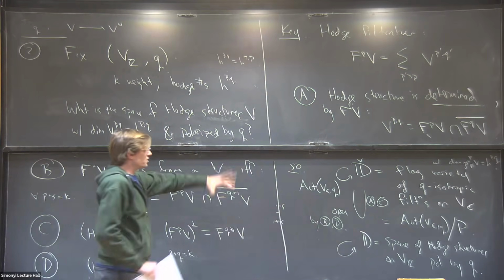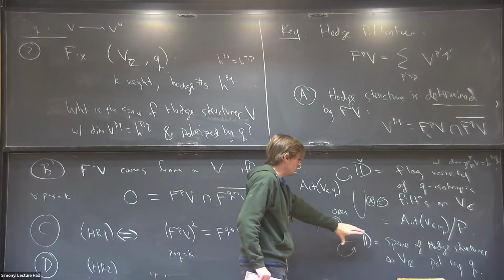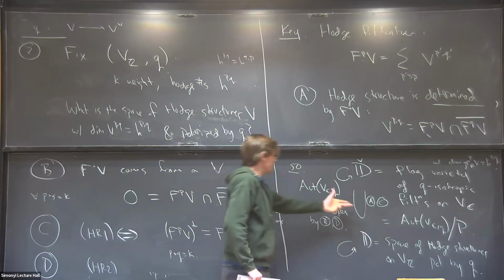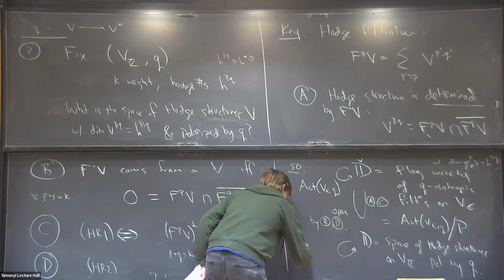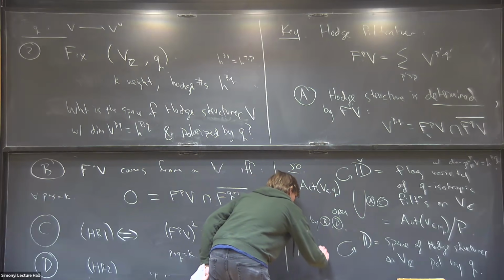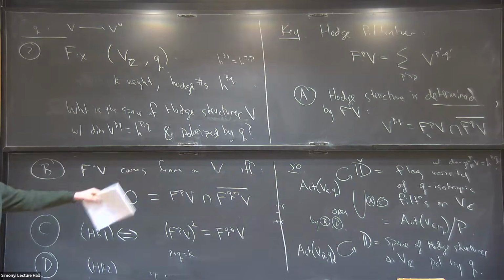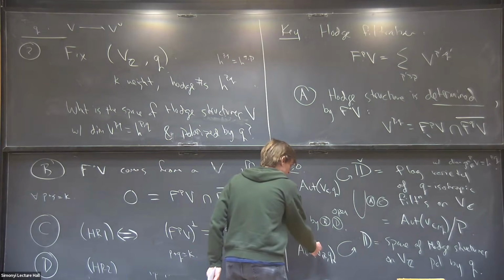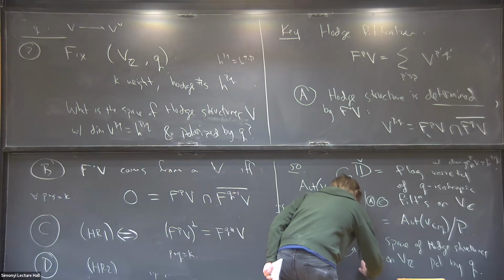by a similar chain of reasoning, any two such Hodge structures can be moved one to the other by the real points of this group. And so that realizes D as a quotient of this real algebraic group by the stabilizer of a point.